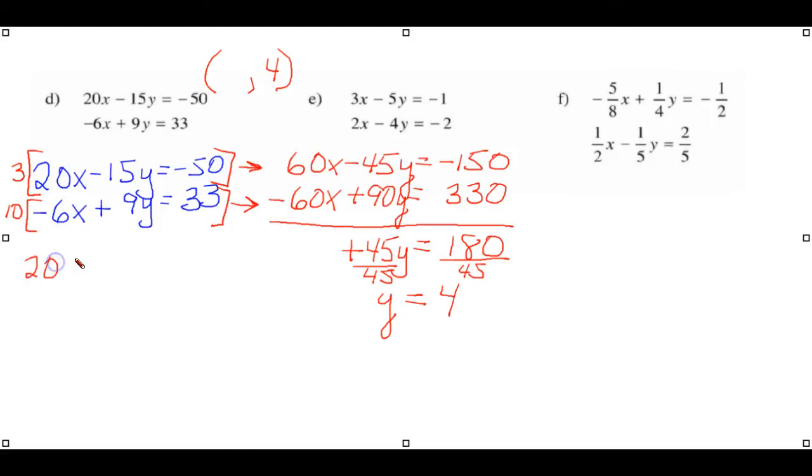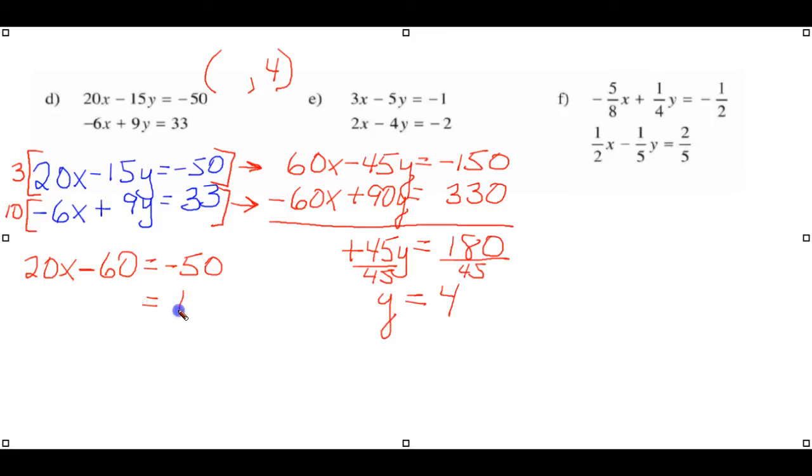So 20x minus, now negative 15 times 4 is a negative 60 equals a negative 50. So I'm going to transpose this negative 60 to the other side.